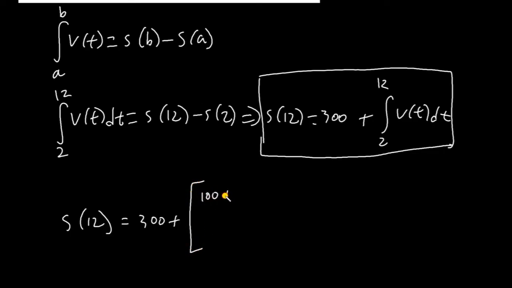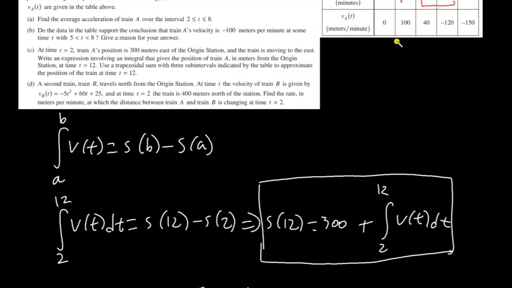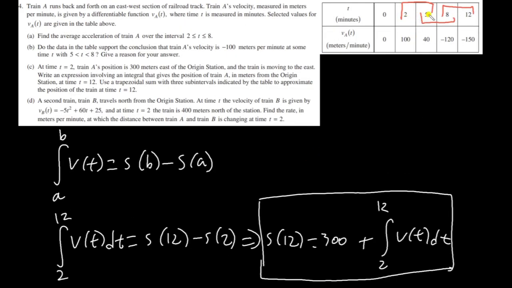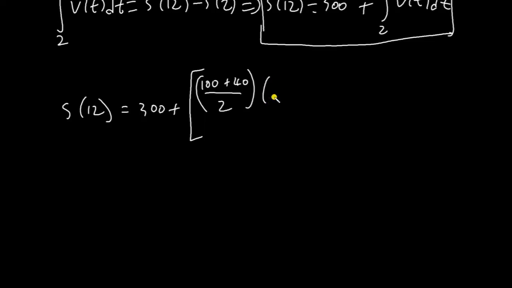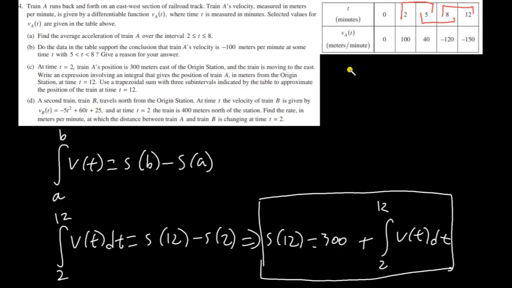So, 100 plus 40 divided by 2 times the difference between the two t values, 5 minus 2 is 3, times 3, plus, and then for the next, from 5 to 8, it's the average between these two.